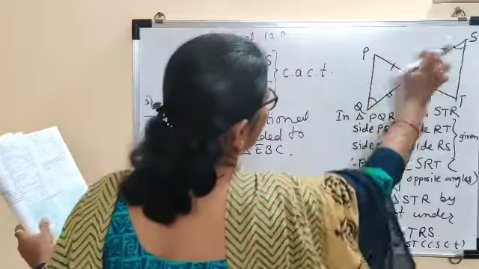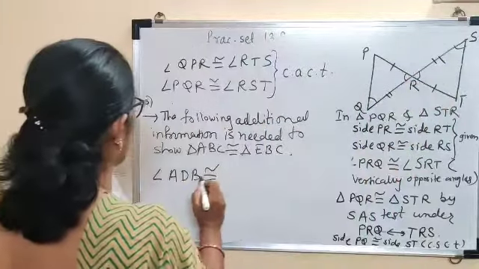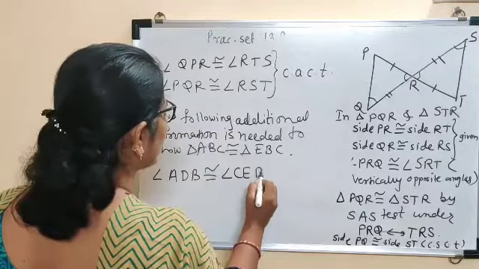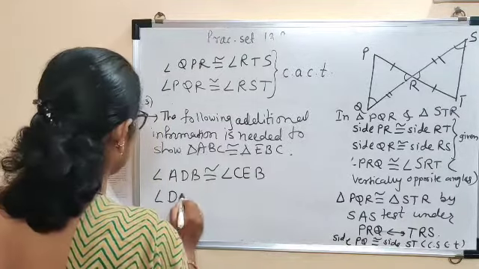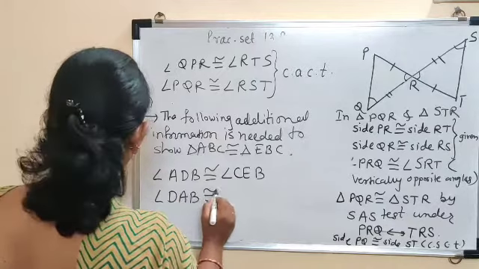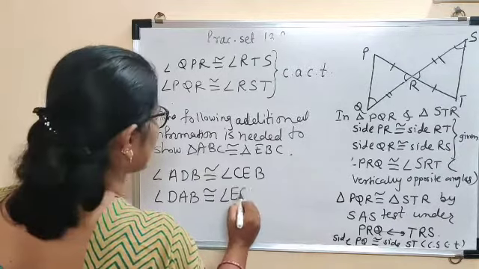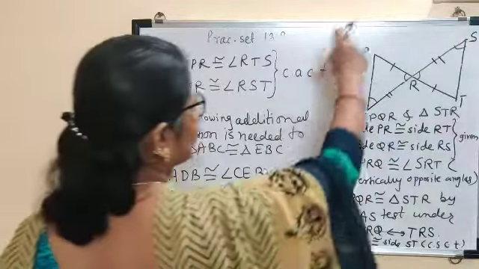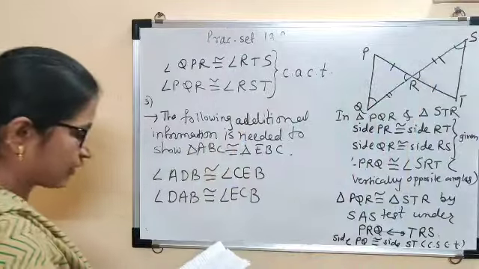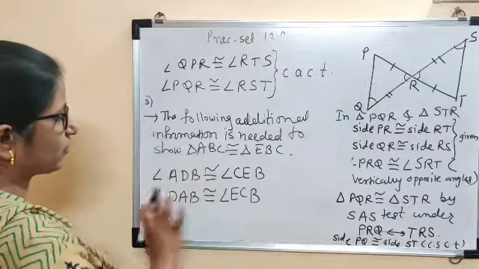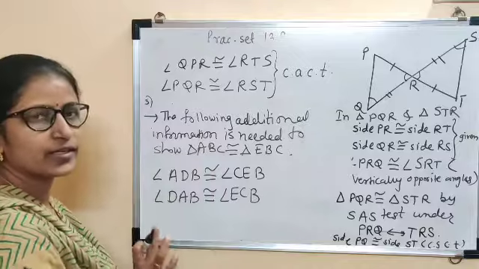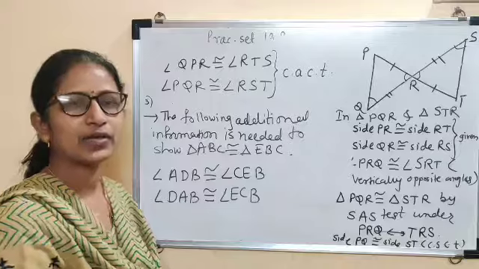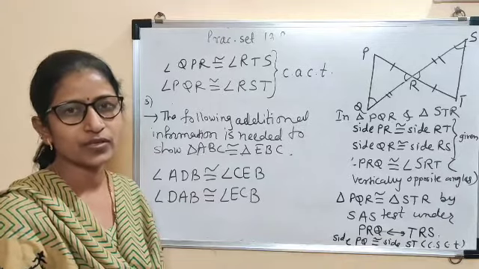You have to write these two triangles' names from your figure. Angle ADB congruent to angle CEB, and second, angle DAB congruent to angle ECB. Same, names are different. Here the names are ED, EC and the middle one is B. So this following information is needed: two angles should be congruent. Okay, I have already solved all the sums. Only one sum I have given you as work.